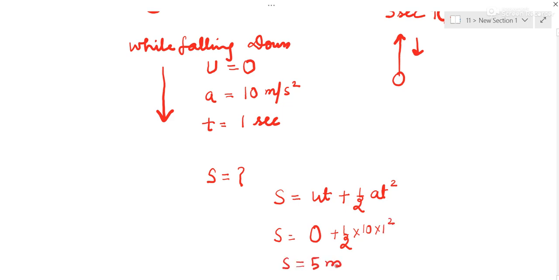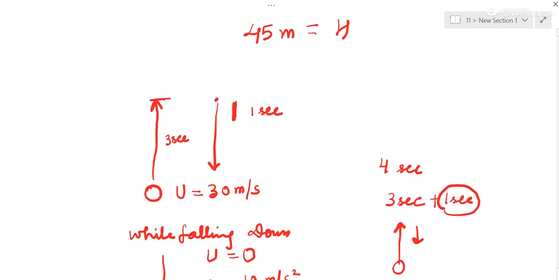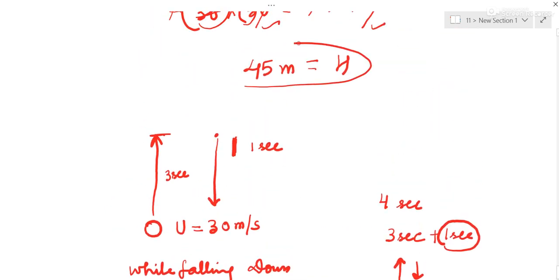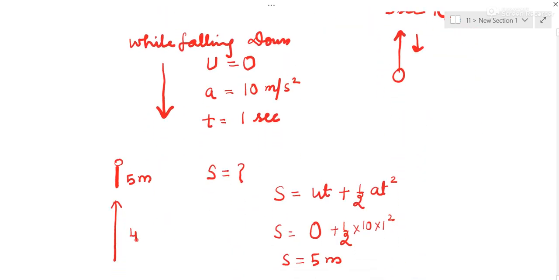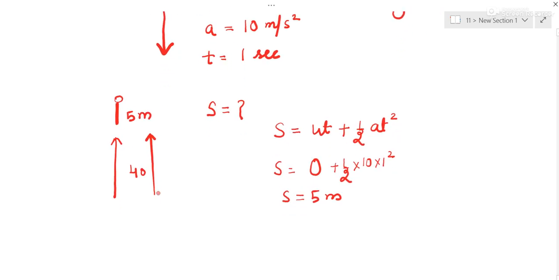So where is the object? From the top, 5 meters. So from down, how much is it? 45 is the total distance, height is 45, so 40 from down. At a height of 40 from down, and from the highest point it is 5 meters. The answer should be written in the form of height from ground.